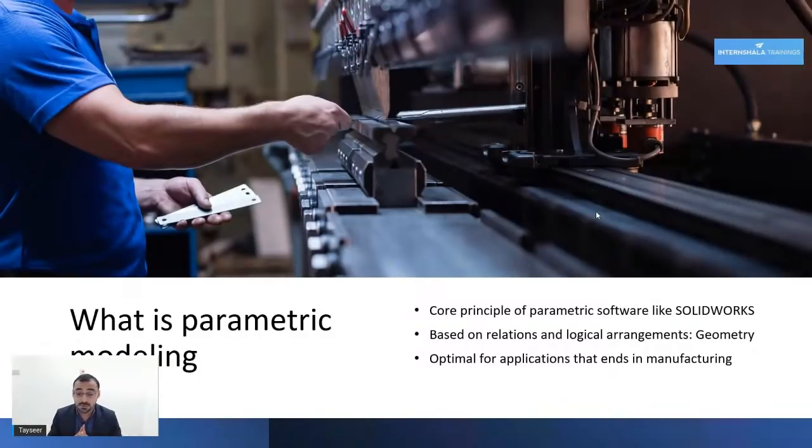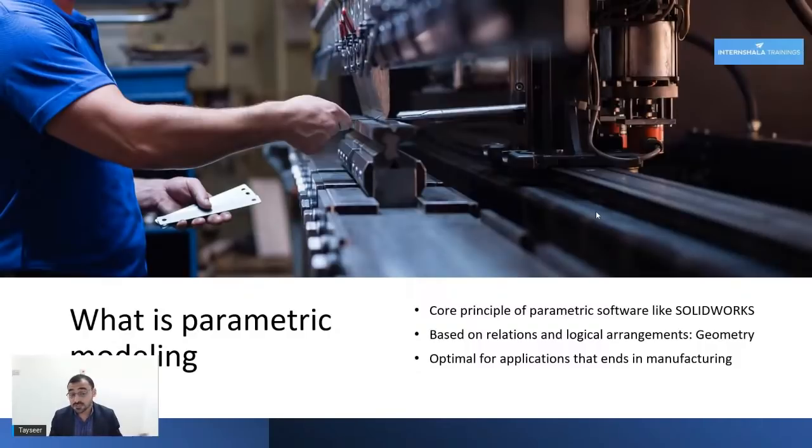Basically, we're talking about good old geometry. So we have two lines, and those two lines have intersection at one point. That's a parameter. Those two lines are, let's say, perpendicular to each other. This is another parameter. You have other two lines that are parallel to each other. That's also another parameter, and so on.